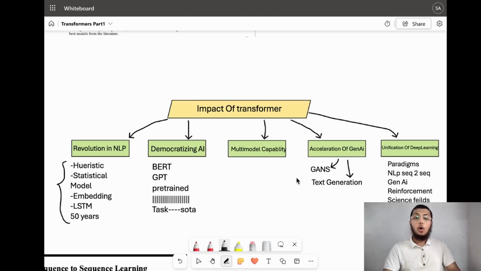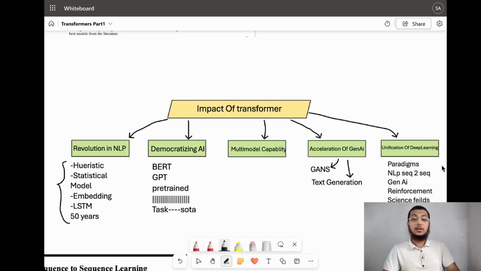And on top of that, you will have to work very hard to take that model to such a stage where your results are coming out good. You need a lot of hard work, a lot of data, a lot of money, and after that your results are also not that good. But after the arrival of transformers, these things changed completely.